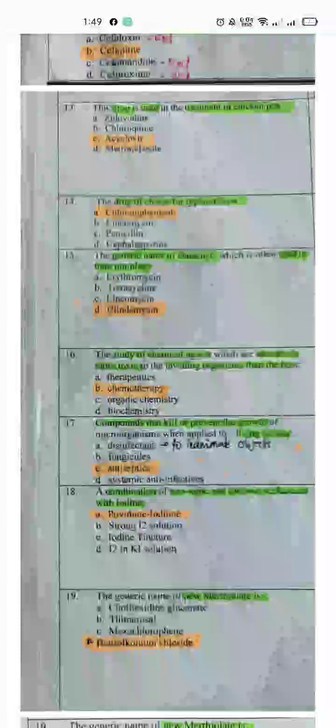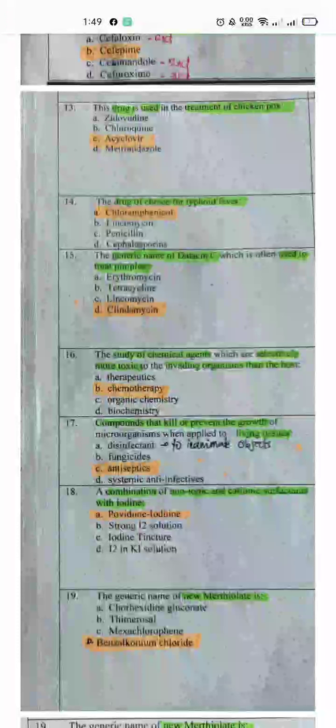Number 19. The generic name of new Mertiolate is benzalkonium chloride, letter D. It is a cationic surfactant which possesses detergent, emulsifying, and wetting action.